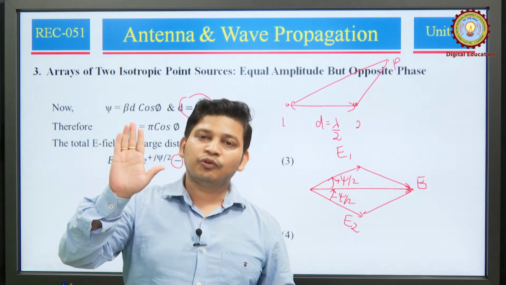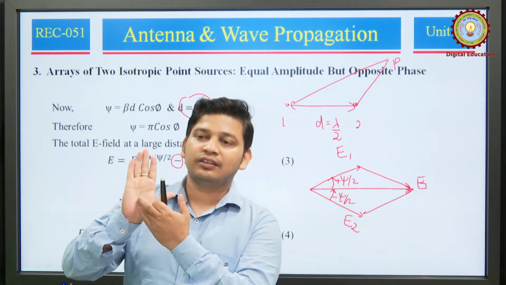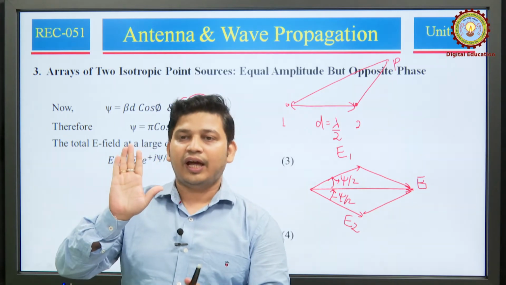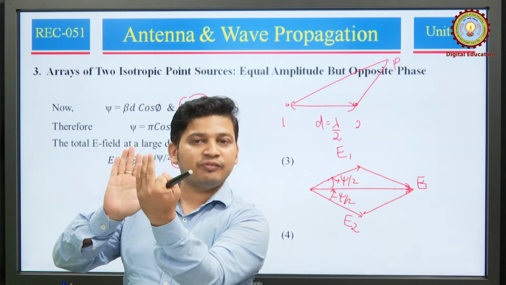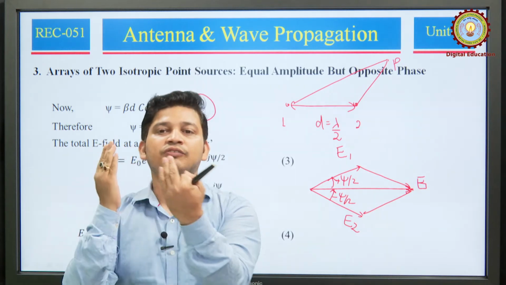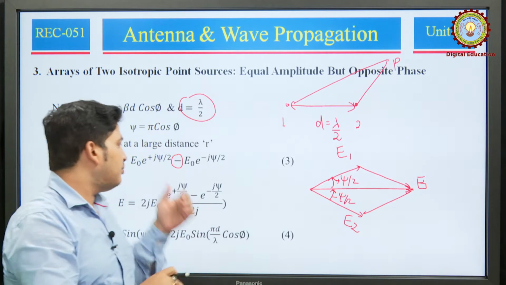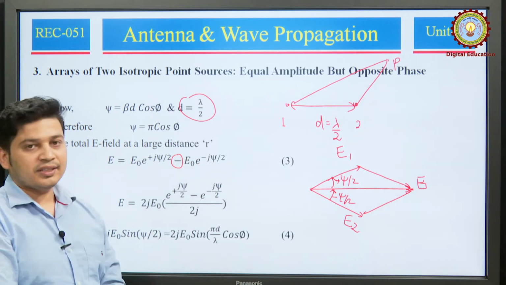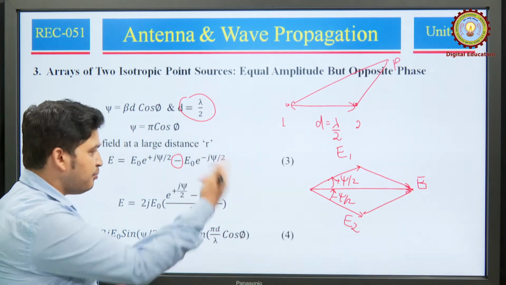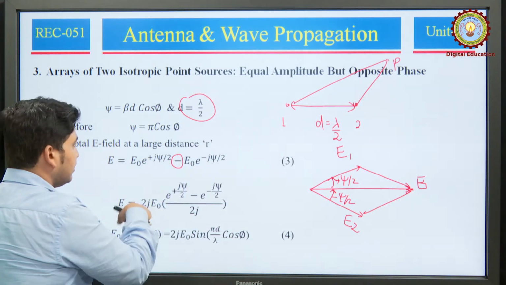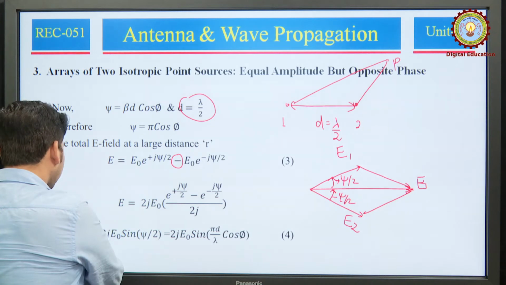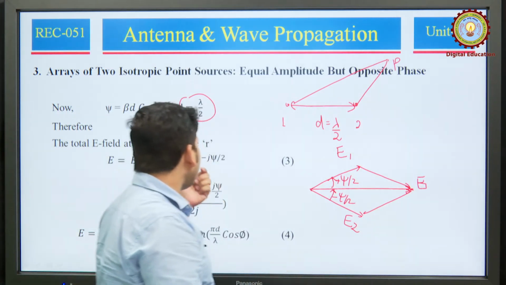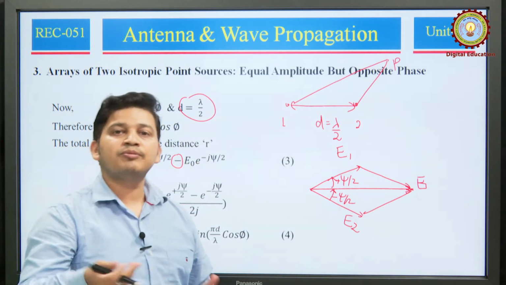If you put your finger like this, suppose this is the front arm, and if we place a mirror in front of this, what happens? Phase changes 180 degrees, that is the mirror image case or out of phase case. This way the minus sign came into the picture, and we simplify this. How will we get it? Simply, we have to use the Euler identity in terms of sine and cosine.